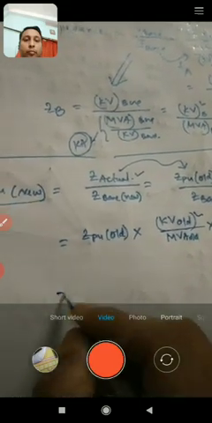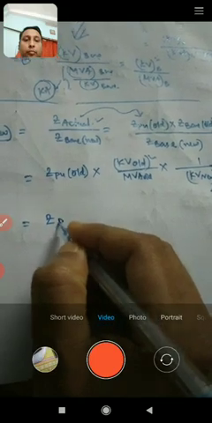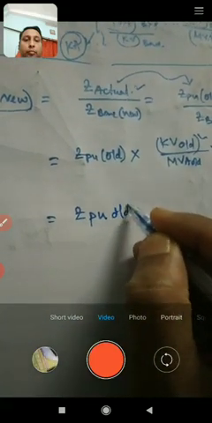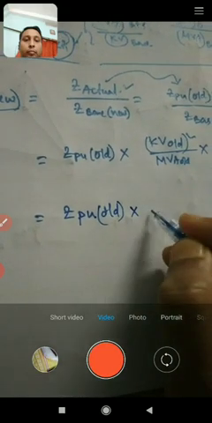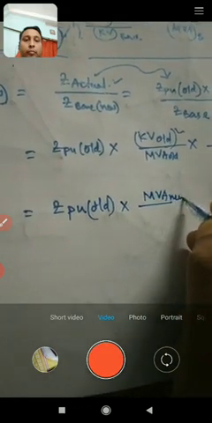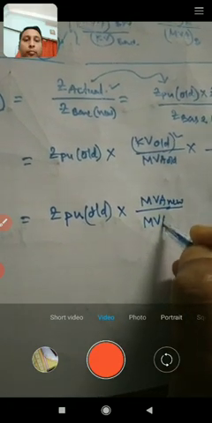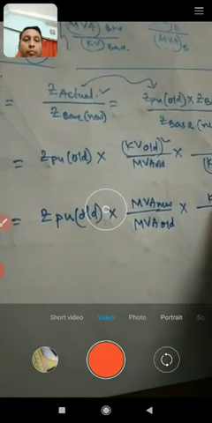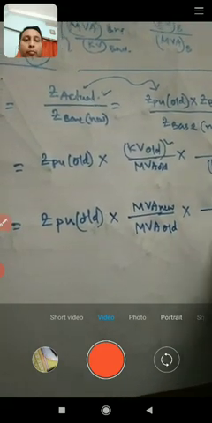If you do a little bit of modification, you will find it is Z per unit old multiplied by MVA new by MVA old, into kV old by kV new whole square.